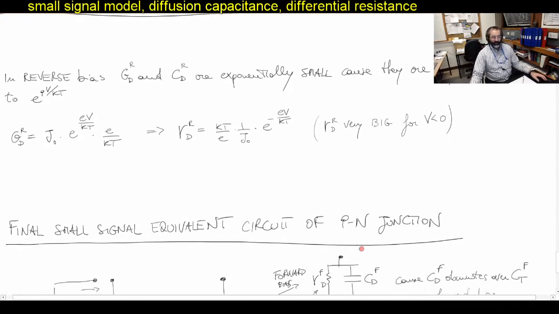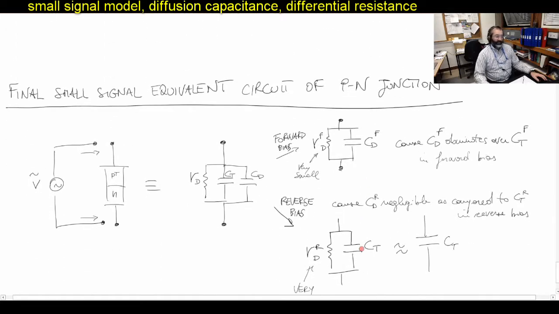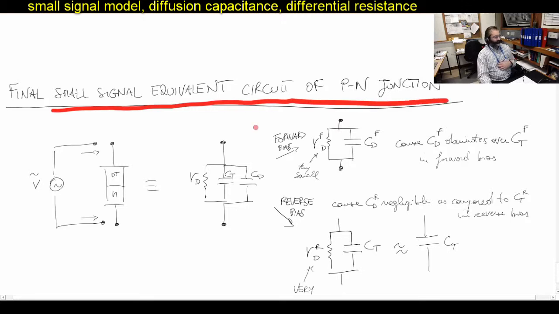And so finally, for our PN junction, once we have defined the differential resistance, we've talked about the depletion capacitance, and we have defined the diffusion capacitance, we can now develop a small signal equivalent circuit of our PN junction.